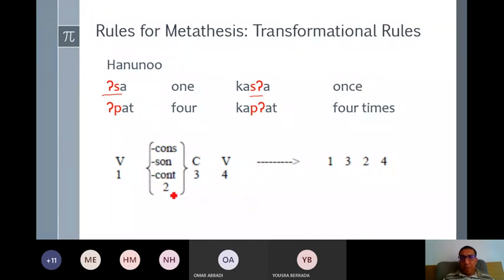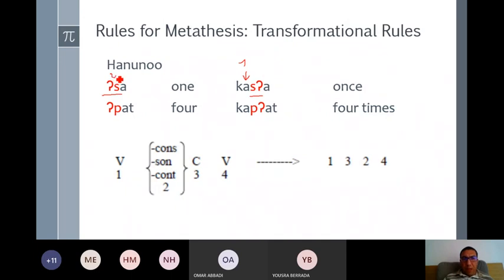The string of segments will be listed on the left of the arrow. We are going to number each element, and for example here we're saying that we have a vowel, that's number one, and then we have the glottal stop, that's number two.